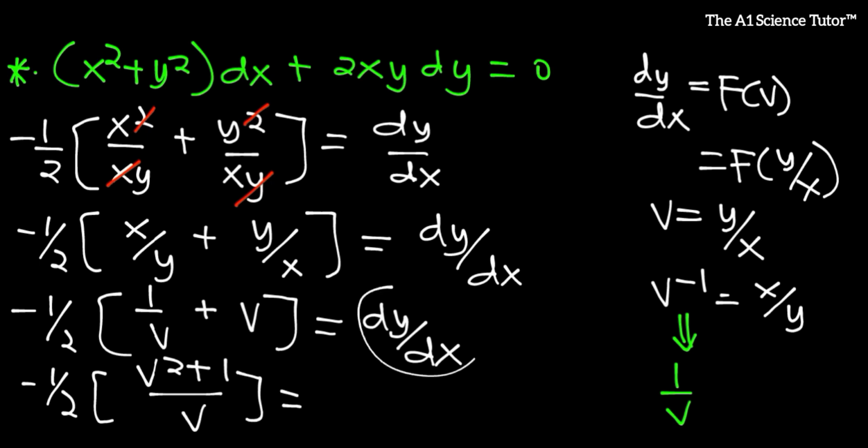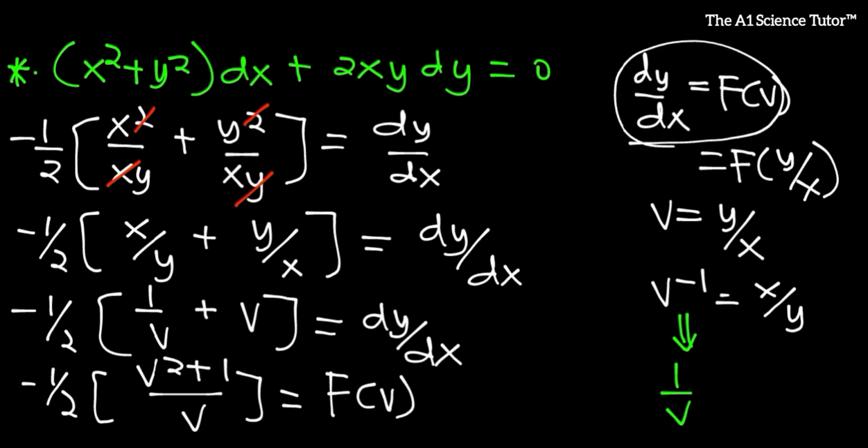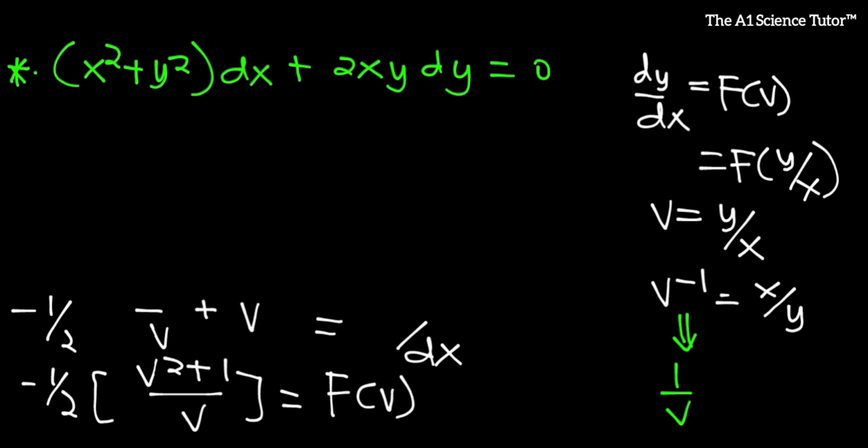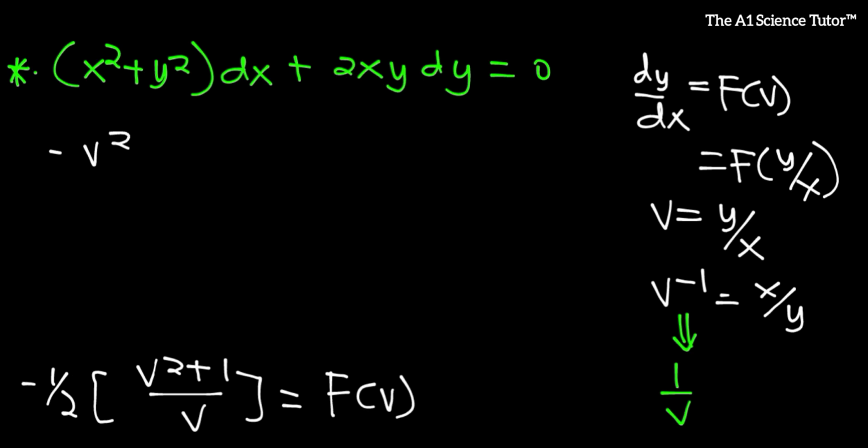Then on this side, I'm going to change this and make it to be f of v, right? Because this is what we say over here. Now, having got this, we need to just multiply it and make things go exactly straight up as it's supposed to be, right? So we actually have a -1 here. So this should be -v squared minus 1 divided by 2v.